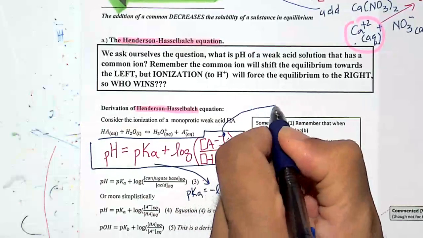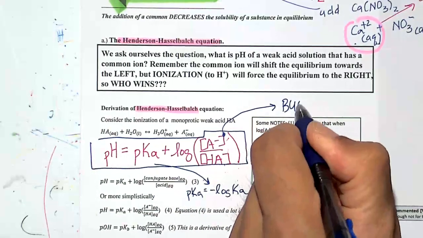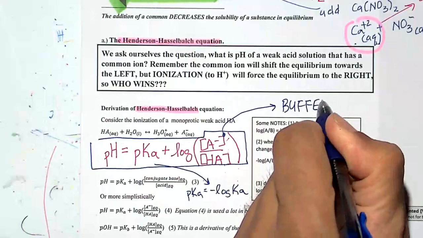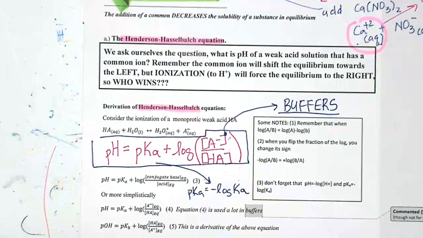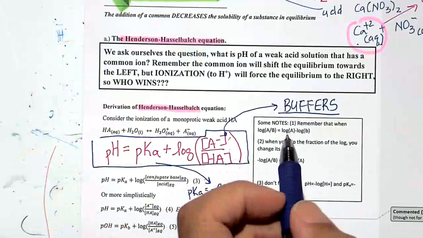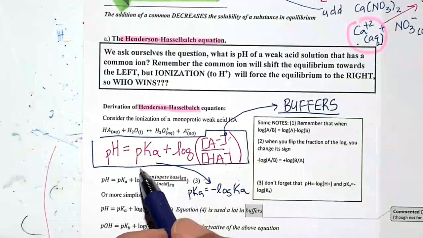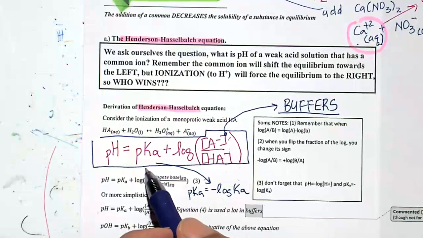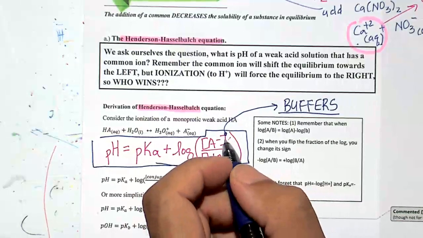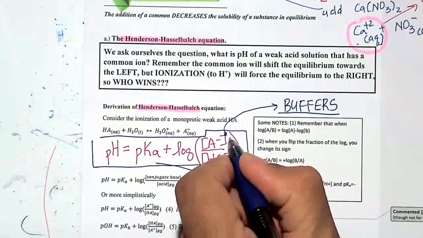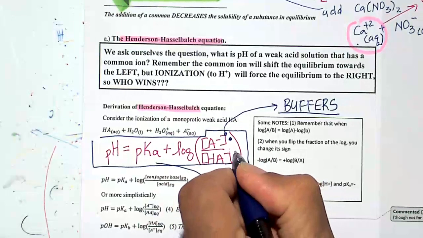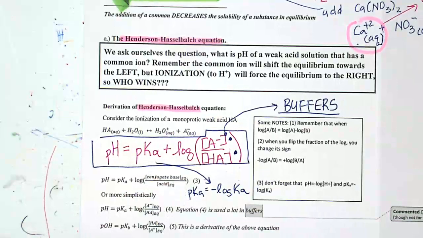Where do we use this? We use this for buffers. Now I want to talk very briefly about buffers. If you see a buffer, you're going to use this equation. How do you know you have a buffer? In the solution you'll have a weak acid and its weak conjugate base.